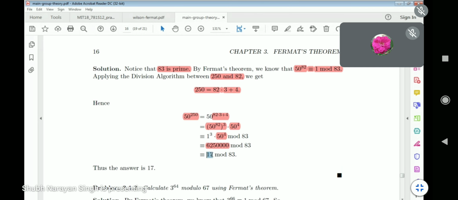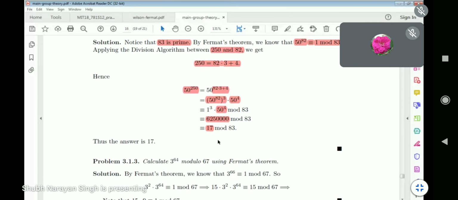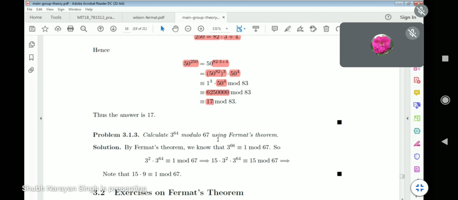So that means when 50 power 250 is divided by 83, we will get the remainder 17.